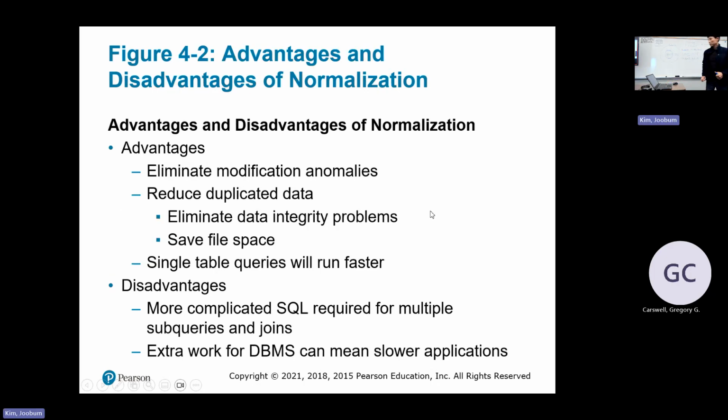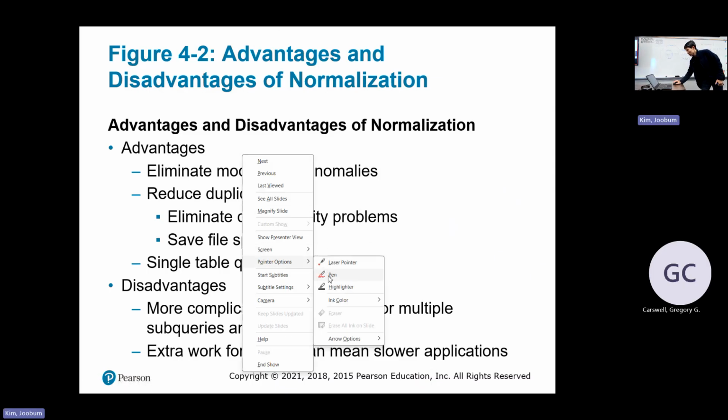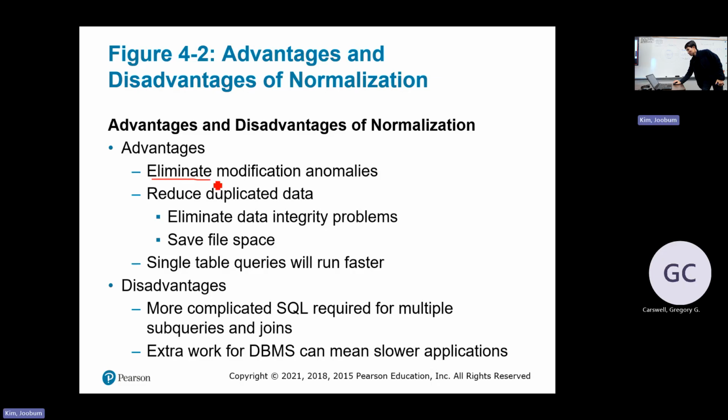Then, again, the advantages and the disadvantages of normalization. Normalization can remove the anomalies and reduce redundant, duplicate data. So basically, if you're analyzing something like a big sales funnel, using the OLTP system, we get a lot of data.